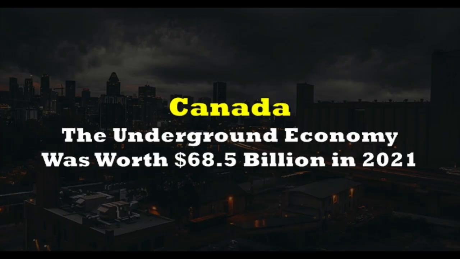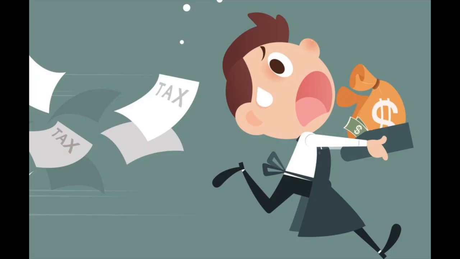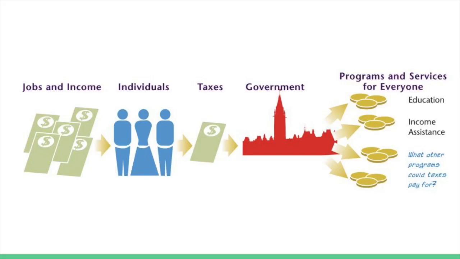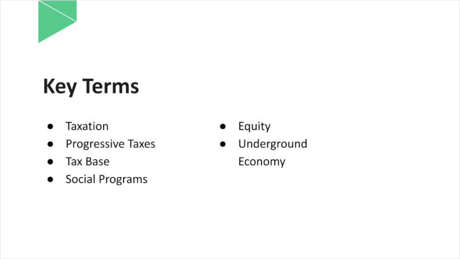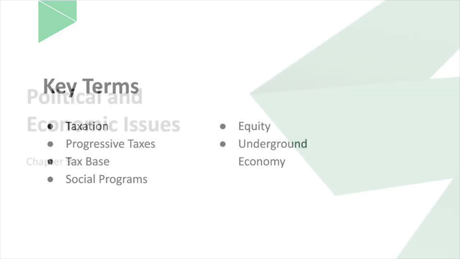If people avoid taxes using the underground economy, for example, the system suffers, and it's also illegal. It's called tax evasion. You may be asked to compare Canada's approach with systems that rely more on private funding. Some of the key concepts here are taxation, progressive taxes, tax base, social programs, equity, underground economy, maybe even you might see the shadow economy.